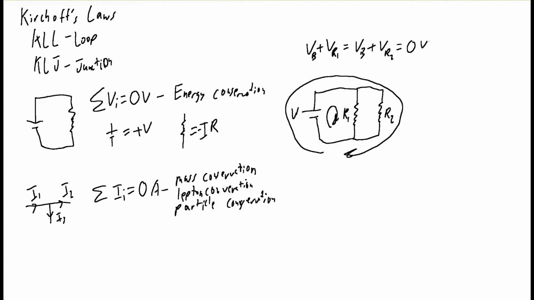Well, if you rearrange these, that means that VB is equal to negative VR1, and that is equal to negative VR2.